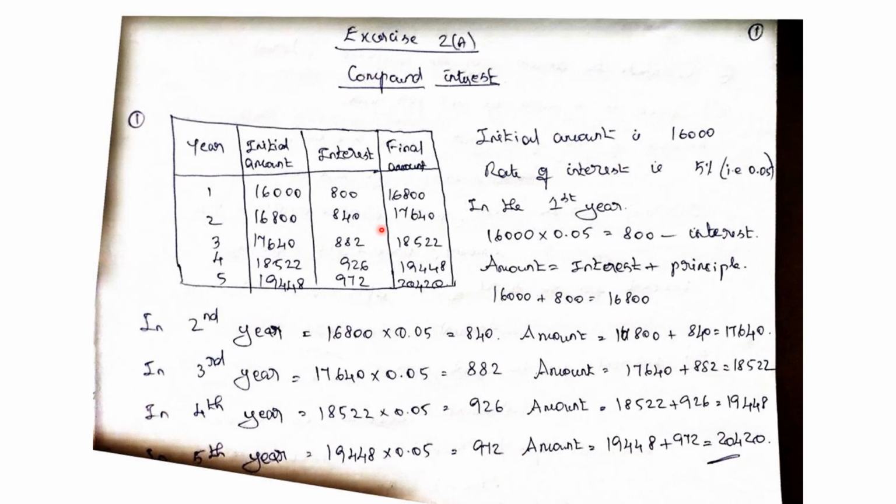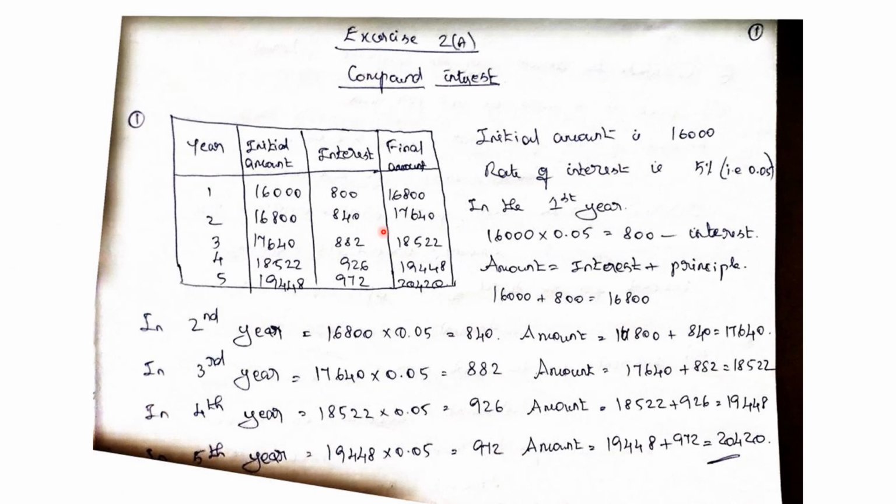We have the initial amount as 16,000. The second one is compounded per annum. Compound interest is nothing but the interest will get added to the principal amount, and then for the next year again the added principal amount will be taken, and then it will be multiplied with the interest.